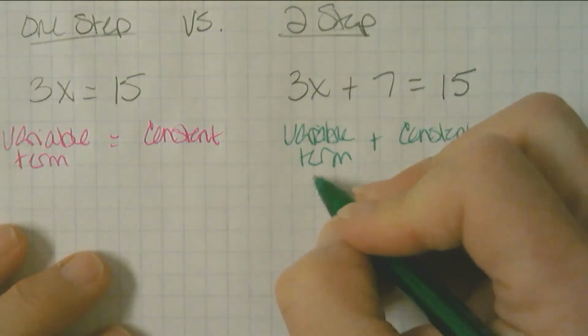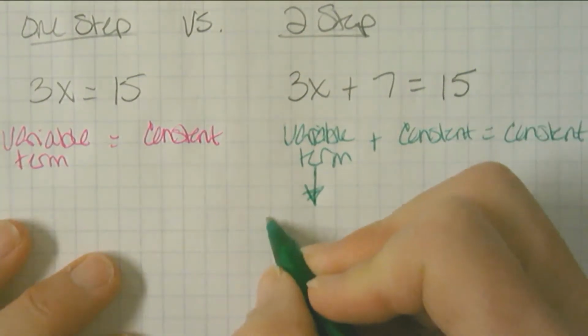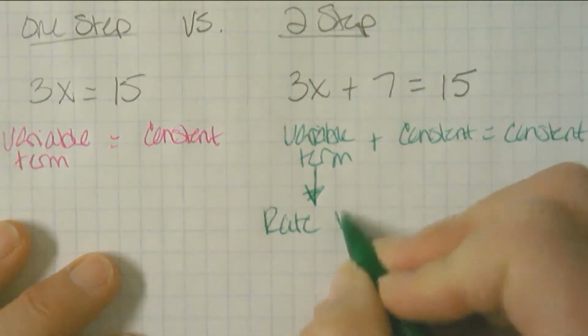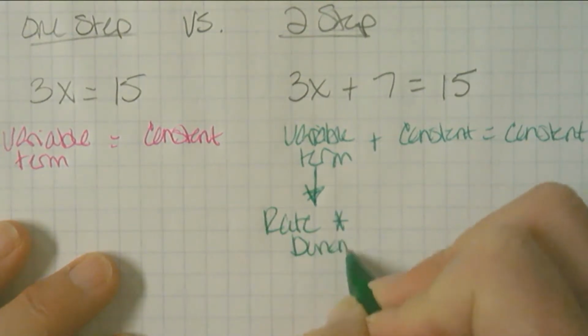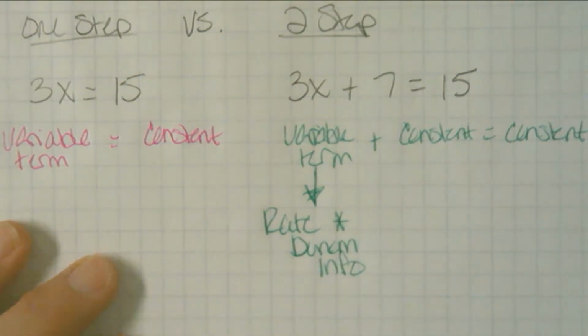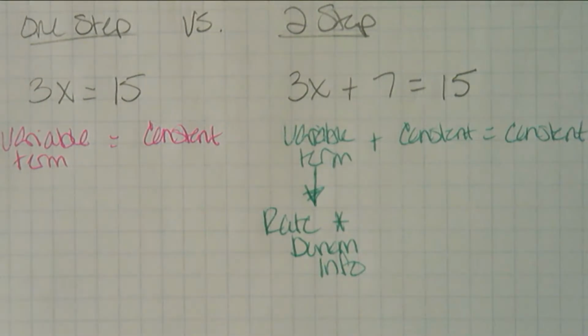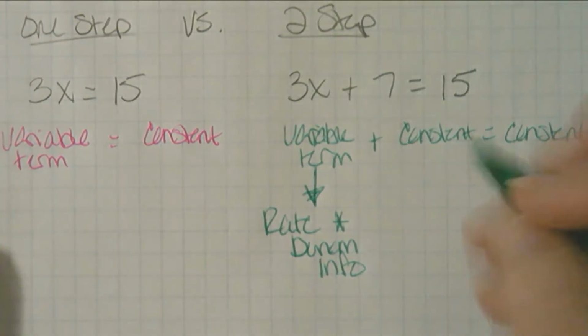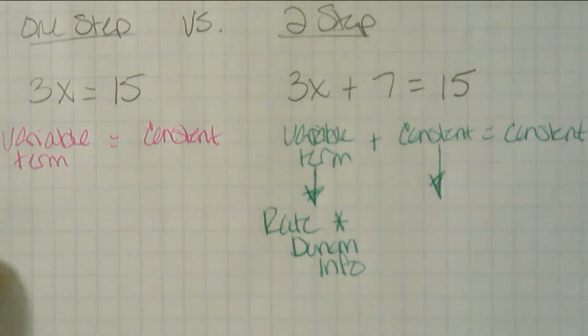Our variable term is made up of our rate times the denominator info. That's what our variable term is. So that 3x might be like it's $3 per person to get into the fair. We multiply it by my number of people. This constant is what is new for us.